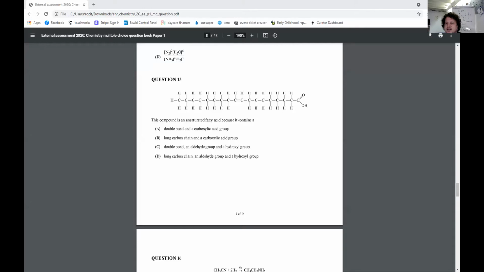So this question asks, this is an unsaturated fatty acid because it contains what? If you remember back to alkanes and what made our saturated hydrocarbons?